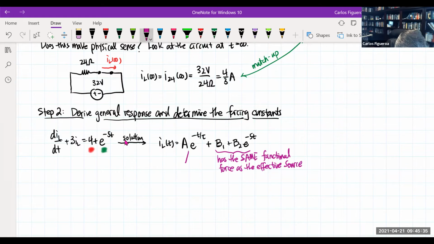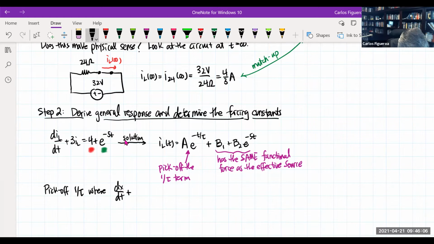Now what I have to do is pick off the 1 over tau term. And so what you're seeing here is that tau is the cofactor of IL. So what this tells me immediately is that I've got to pick off 1 over tau, where that second term, remember, looks like this.